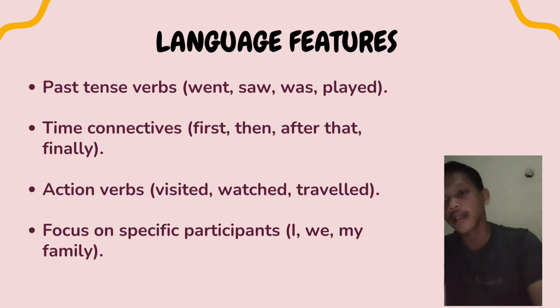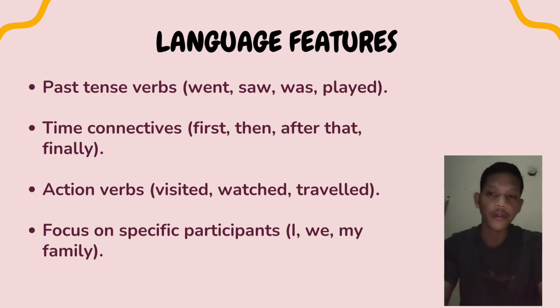And then the third one of language features in this text is we use a lot of action verbs like visit, travel, play, watch, but all of them in verb 2, not in verb 1 or verb 3.